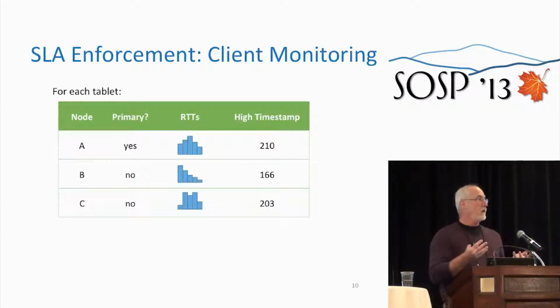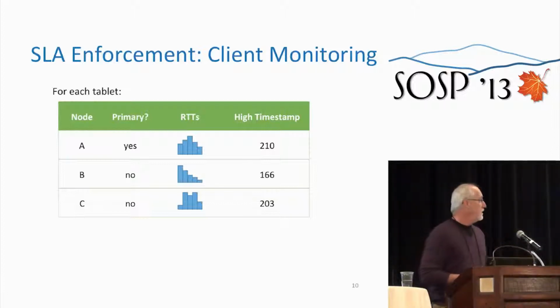For the primary nodes, the high timestamp is the timestamp of the last completed put operation. For secondary nodes that lag behind the primary, their high timestamps would be less than the high timestamp of the primary, but it still indicates the prefix of updates that they have received so far, and we assume that secondary nodes receive updates in timestamp order. So a single high timestamp is enough to completely characterize the set of puts that they have seen.